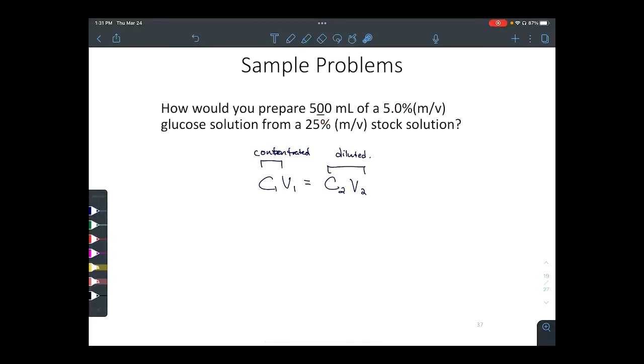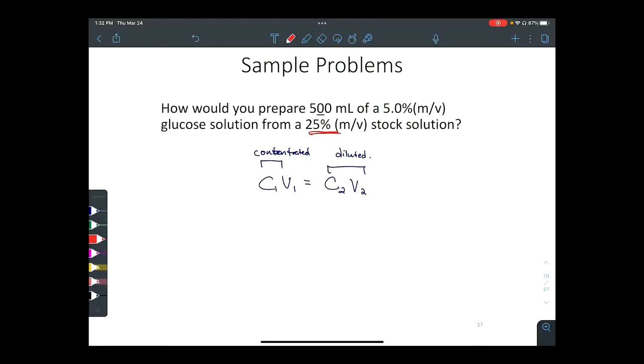So here, if we look at these concentration values, which one is probably C1, the concentrated concentration? 5 or 25? 5. So I like to, oh wait, no, it's not 5. Which one is more concentrated, 5 or 25? 25. So just because that one was said last doesn't mean it's C2. So in this case, 25, that's our stock solution.